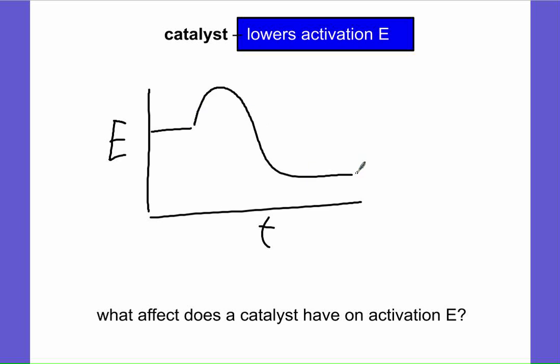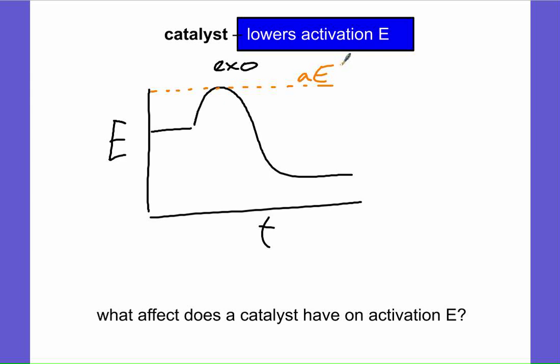Again, it's exothermic. I could just as easily do this with an endothermic reaction, but a catalyst is going to lower my activation energy. Right now, my activation energy is up here. That's the amount of energy I need to add to my system so I can break the bonds of my reactants to form my products.